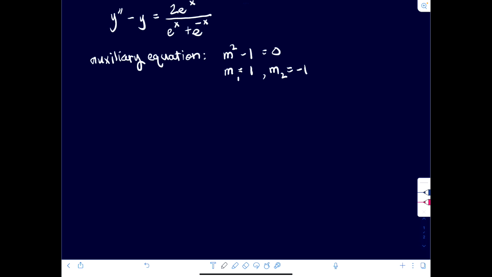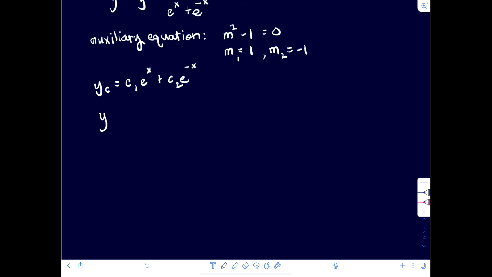So our complementary equation will be c1 e to the x plus c2 e to the negative x. Cool so far? So we can have our y1 equal to e to the x.